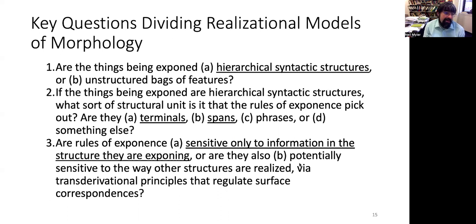As for question 3, I still believe in answer A. I believe that rules of exponence are sensitive only to information in the structure they're exponing, and not B. So I'm still definitively against the notion of transderivational principles that would regulate how one competition happens based on how a completely different competition pertaining to a different type of structure would take place.